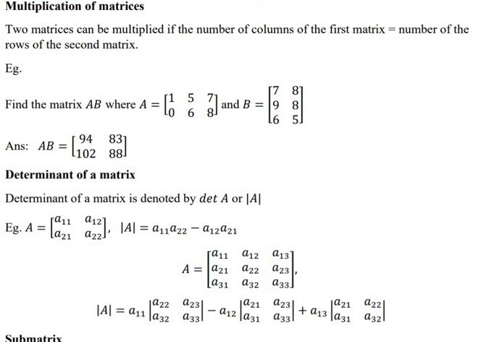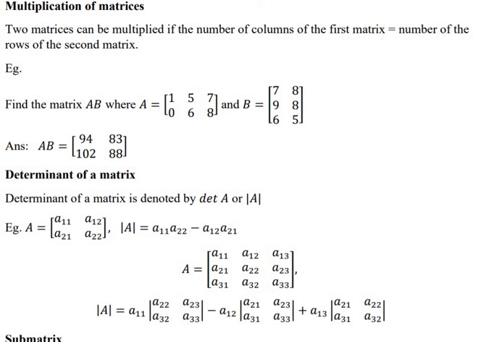Then for getting the determinant, we multiply the digits in the leading diagonal of the square matrix and subtract the multiplication of the digits A21 and A12. So, det A is equal to A11 into A22 minus A12 into A21. That's how to find the determinant of a 2 by 2 matrix.